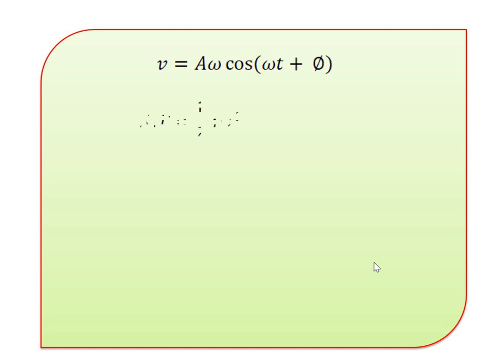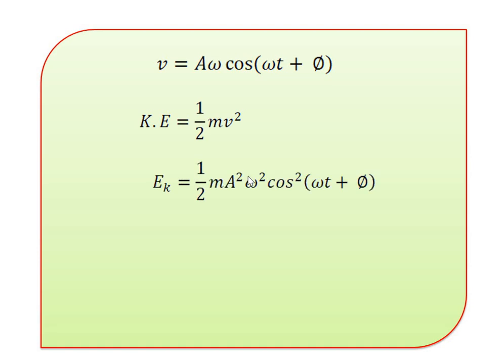The velocity equation in terms of the phase is v equals a omega cos of omega t plus phi. The kinetic energy formula is half m v square. Putting this term in this equation, we get the new format: kinetic energy equals half m a square omega square cos square of the bracket omega t plus phi.